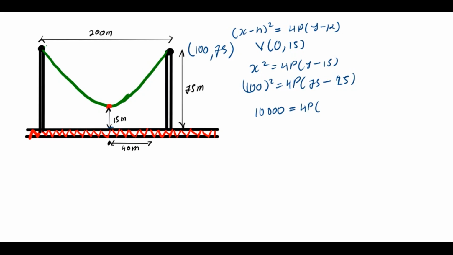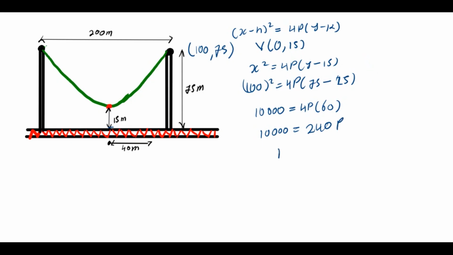No, I think it's 60. Okay, you get 60 there. Then you multiply it by 4, so you have 10,000 equals 4 times 60. You're going to get 240, because 60 times 2 is 120, times another 2 is 240. So that would be p there.